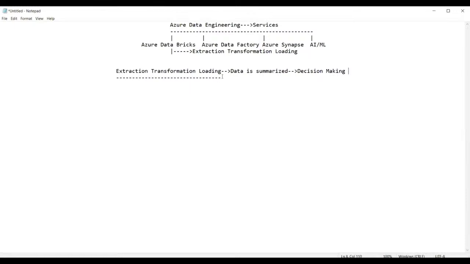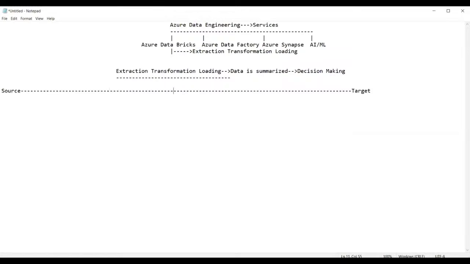So this process of extraction, transformation, and loading basically requires the following: a source, and the next one, a target. Source and target.